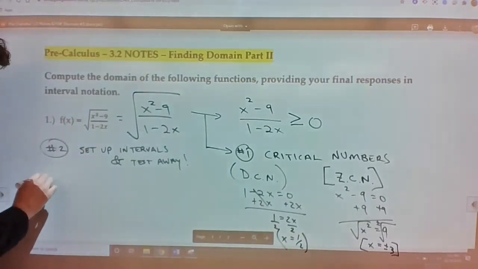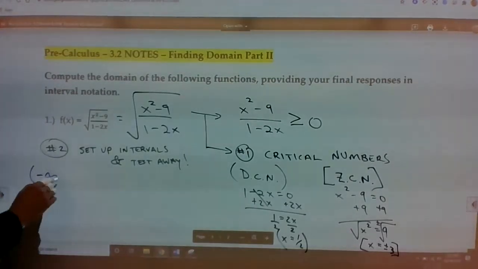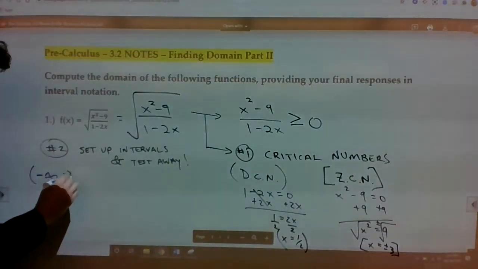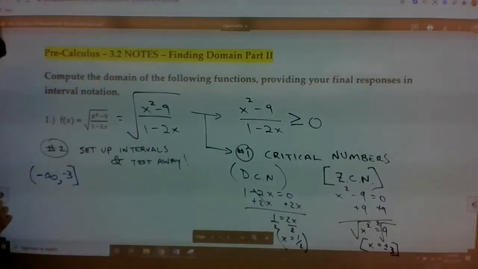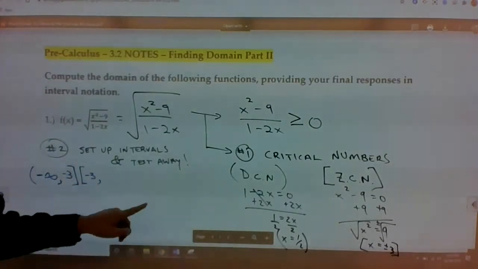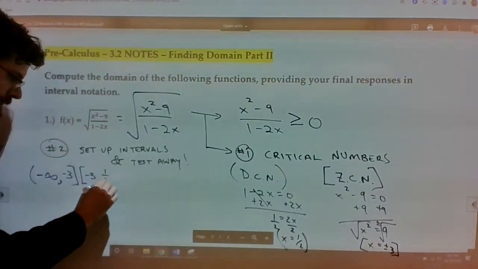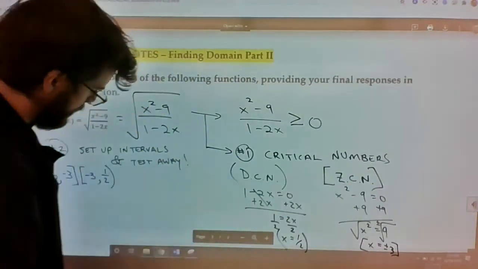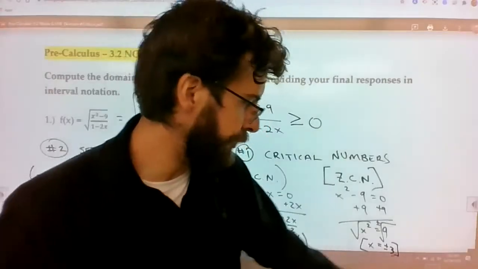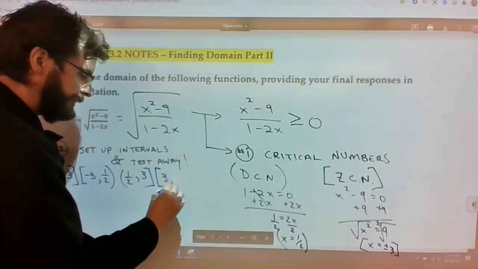So negative infinity would be our starting point. Always put parentheses around the infinite values. Our first stop is negative 3. Bracket. Now start again with that same number. Our next stop would be 1/2, and we put a parenthesis there. Then from 1/2, next stop is 3. Put a bracket. And then 3 to infinity.